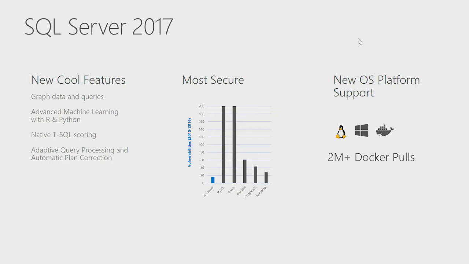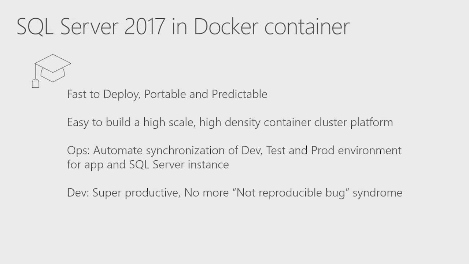I'd like to highlight that SQL Server runs in a Docker container. It's exciting. The Docker image for SQL Server 2017 has been so popular, and now it has more than 2 million pulls. Then why a Docker container? It is fast to deploy, portable, and predictable.